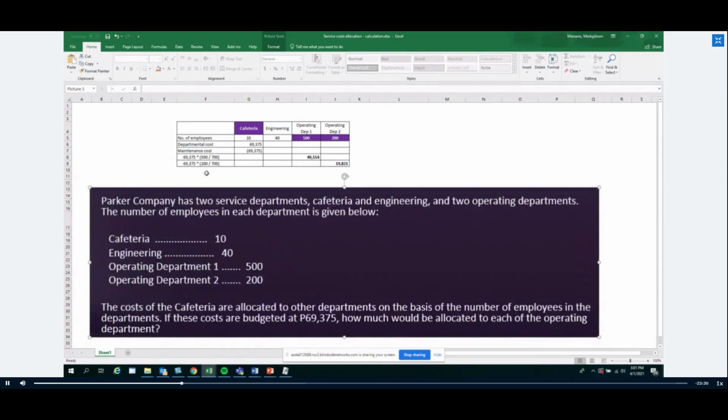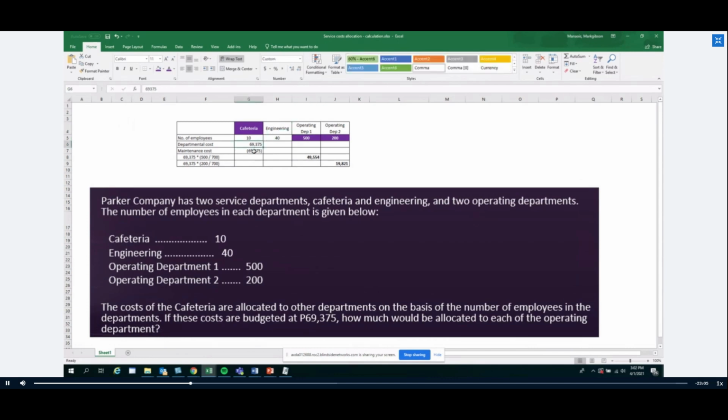That is the problem. It says cafeteria has 10 employees, engineering has 40, and operating has 500 and 200. These costs are budgeted at 69,375 and to be allocated to other departments on the basis of the number of employees in the department.